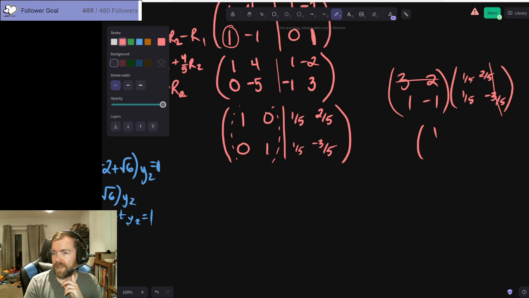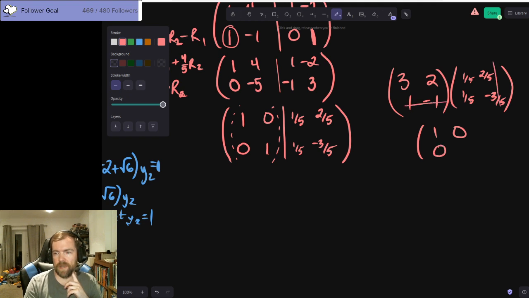First row, second column is going to be a 3 times 2/5 is 6/5, and a 2 times -3/5 is going to be a -6/5, which added together gets us 0. Second row, first column is a 1/5 and a -1/5, so that's 0.